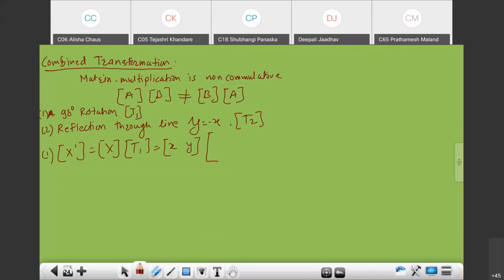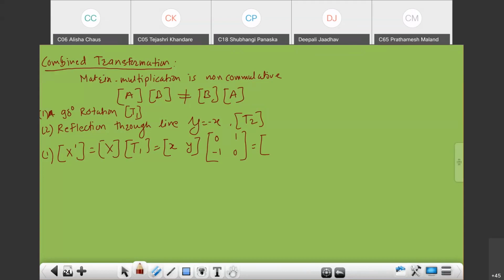What is the transformation matrix for rotation about 90 degree? The transformation matrix is 0, 1, minus 1, 0. Now multiply it. What result we get? What we have done? 90-degree rotation. So xy vector is there that we are going to rotate. Xy vector means we are going to consider any kind of object afterward.